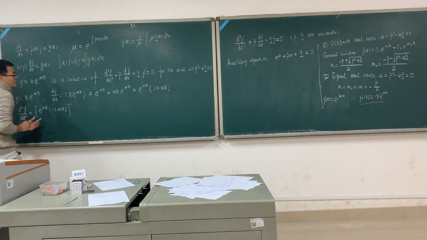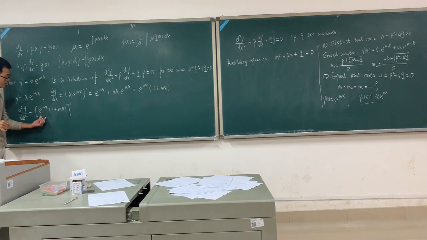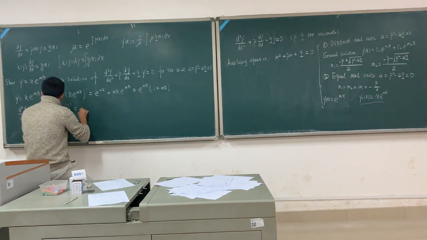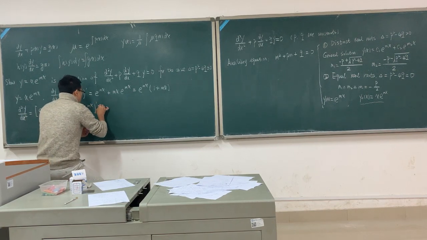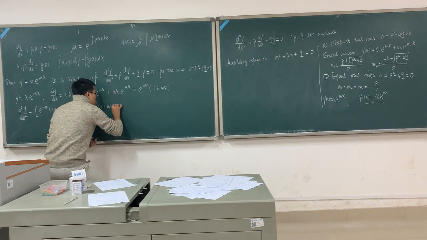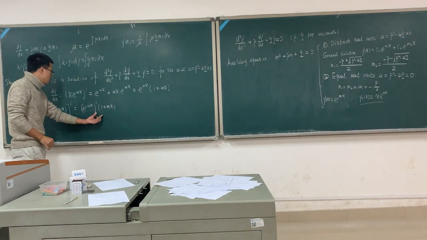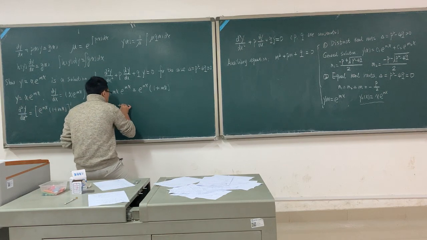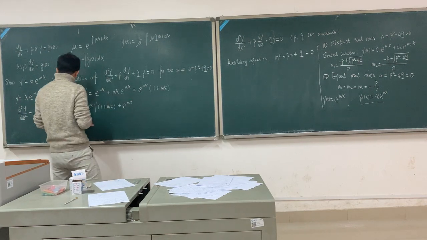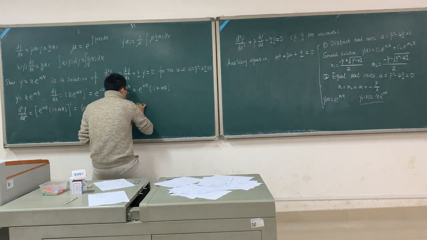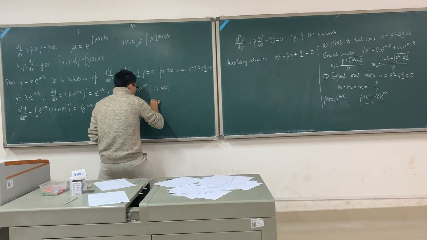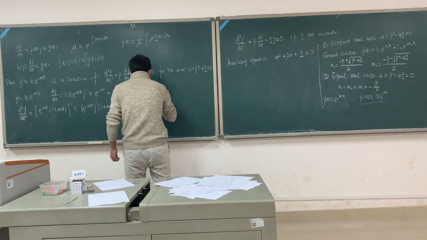Here is a function times another function, so the derivative equals the derivative of the first times the second: the derivative of e^(mx) times (1 plus mx) is the first part. The second part is e^(mx) times (1 plus mx) prime.